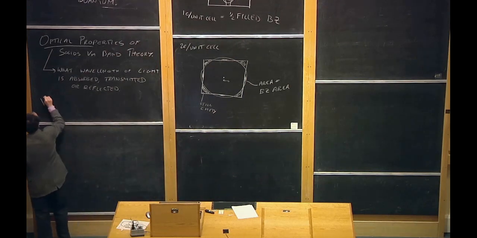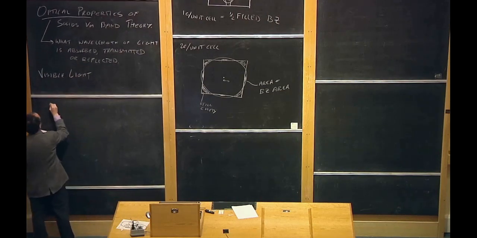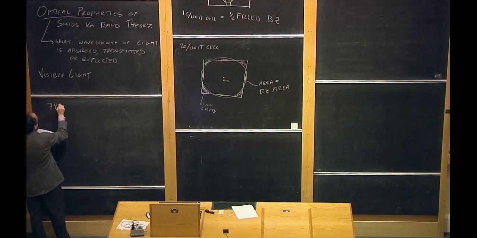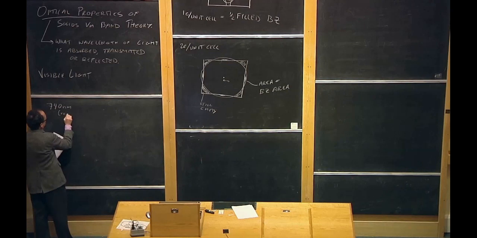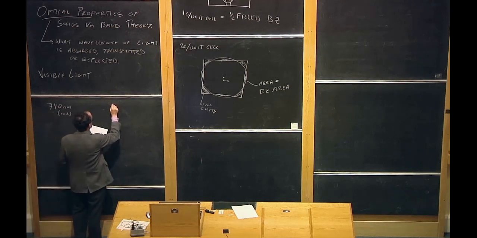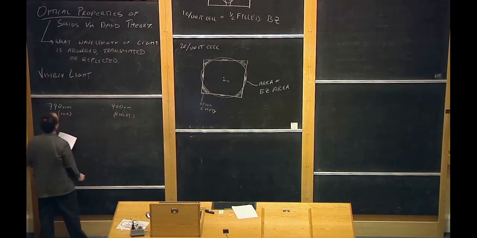Visible light, you might recall, ranges from wavelengths of 740 nanometers, which is reddish, all the way up to about 400 nanometers, which is violet. And this is all you can see, or most people can see at any rate.